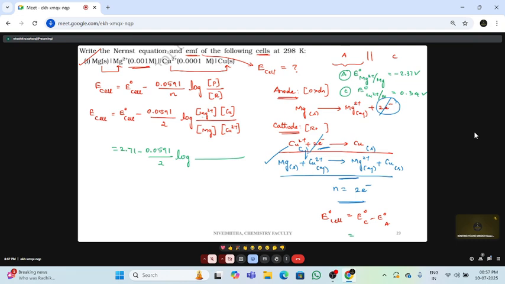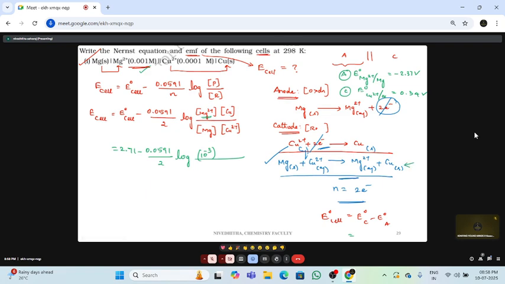And what is the concentration of magnesium 2 plus? It is given in your problem. The concentration of magnesium 2 plus is 10 power minus 3 molar. Very good. And the concentration of copper: see, here copper is in solid state.